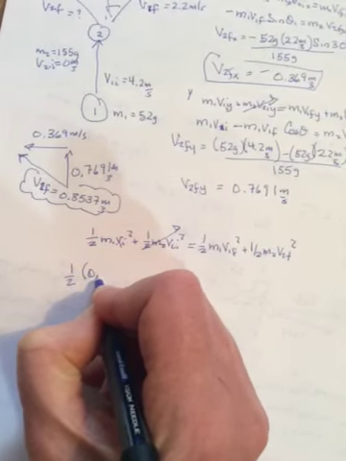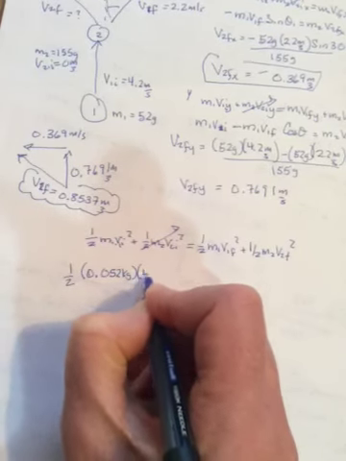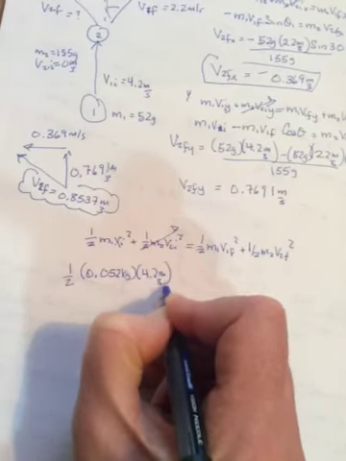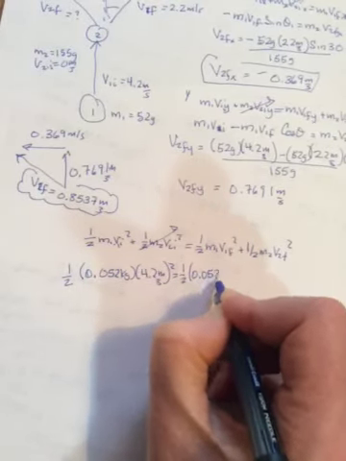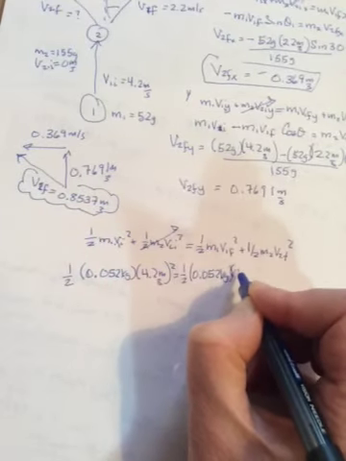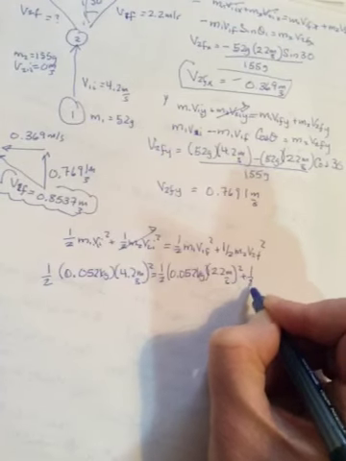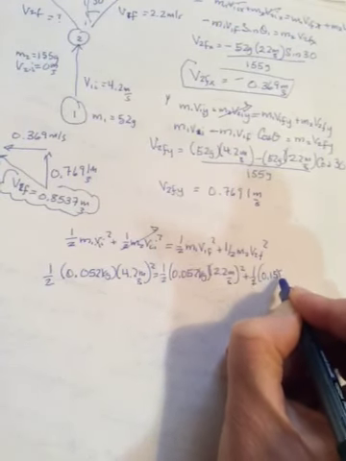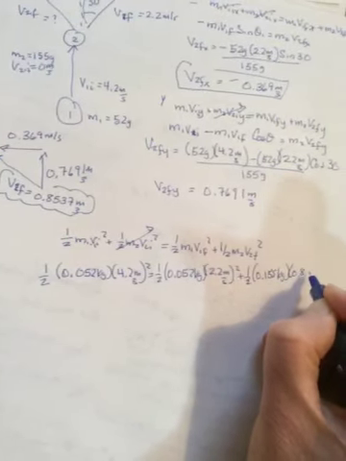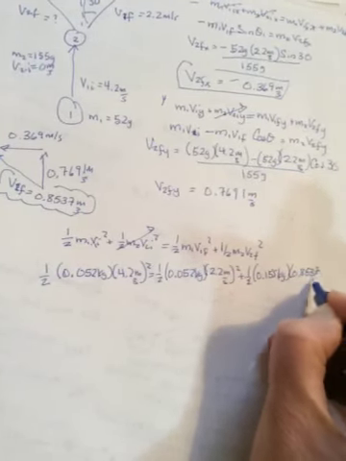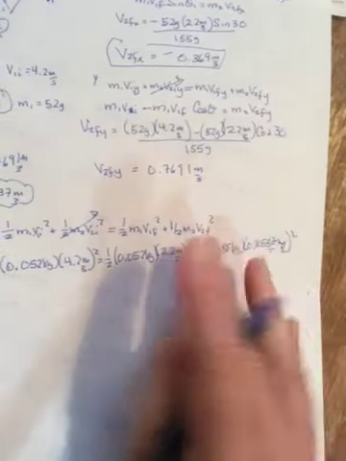So it was 52 grams, so 0.052 kilograms, and it was 4.2 meters per second squared, is equal to 1/2 times 0.052 kilograms times 2.2 meters per second squared plus 1/2 times 0.155 kilograms, and then times this 0.8537 meters per second squared.